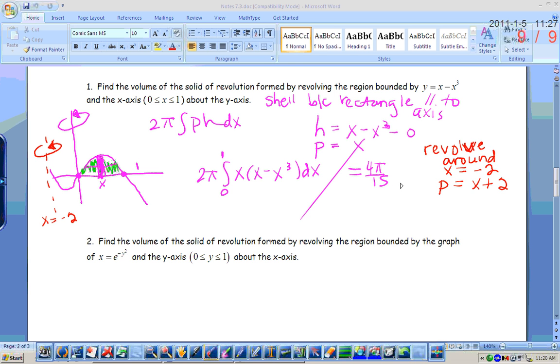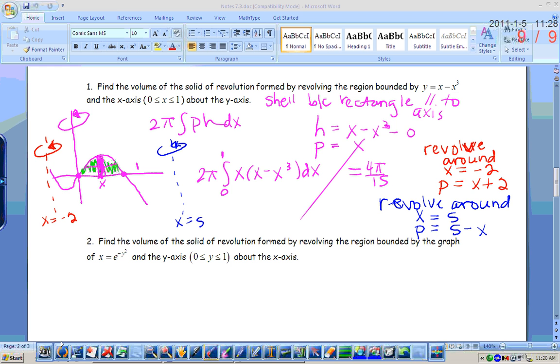What if I wanted to revolve around x equals 5? What would the distance between x equals 5 and x be? 5 minus x. Literally the right side minus the left side.